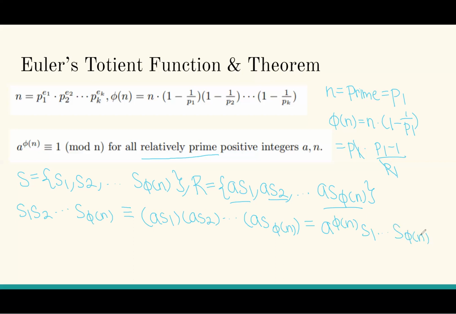Now, since each S value is relatively prime to n, we can cancel out this whole part. So this part just becomes 1, and then this part is canceled. So then, as desired, these two are equivalent. And note that our arithmetic here is done in modulo n. So we have our desired result, and thus we have proven Euler's Totient theorem.